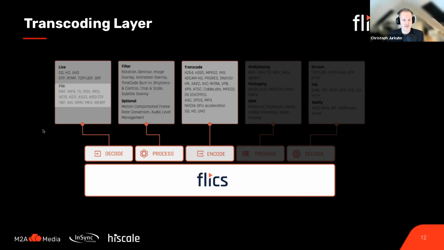Now, listening to our customers' needs, we were also asked for high-quality frame rate conversion in our transcoding pipeline. And this is where we have come to collaborate with InSync Technology and use their Frameformer component in our transcoding pipeline, which is the picture everyone is staring at all the time, wondering what is this?